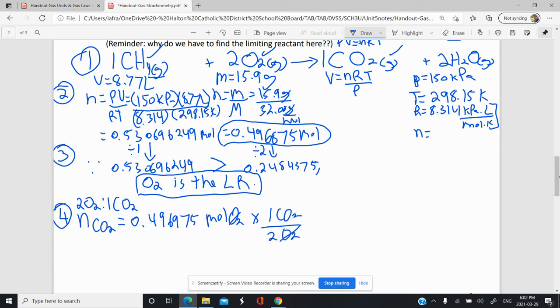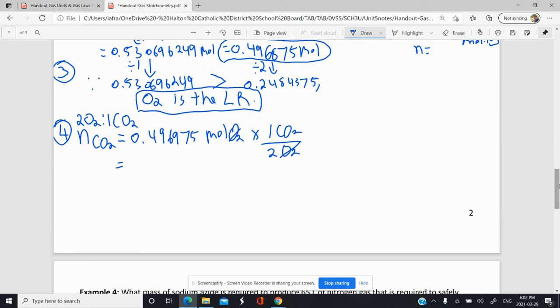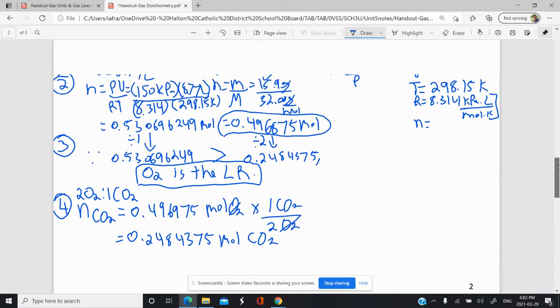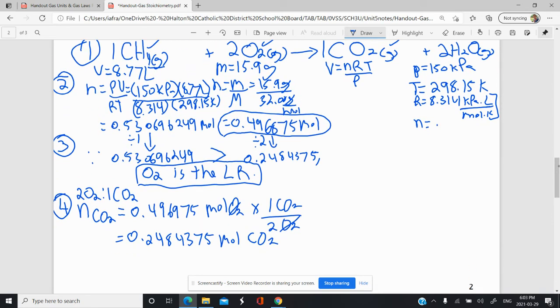You can cross O2 out, and you get 0.24844375 moles of CO2. And now that we have the moles of CO2, so let me just write that here, 0.24844375 moles, I can go ahead and find the volume by using this equation over here.